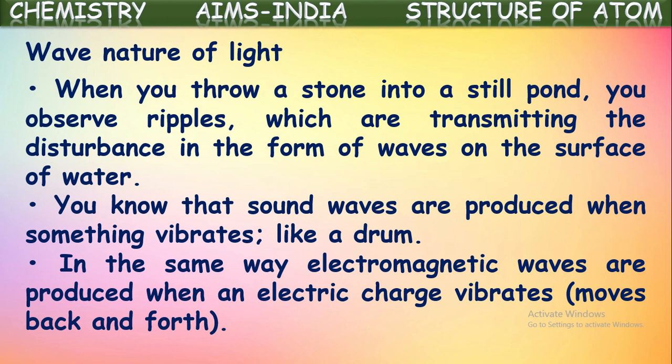So how are these sound waves produced when something is vibrating, like a drum? How are these waves produced on the surface of water when we hit with a stone? In the same way, electromagnetic waves are produced when an electric charge is vibrating. Okay.